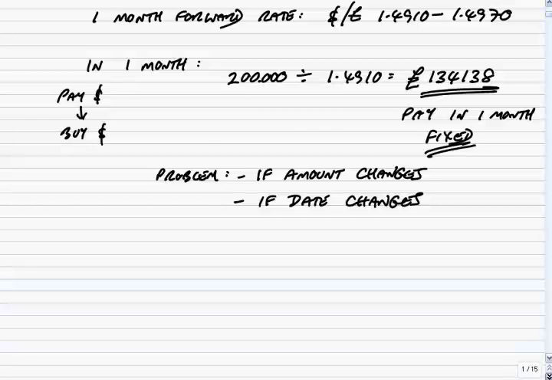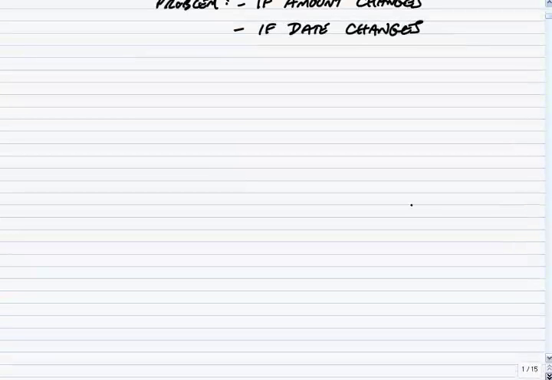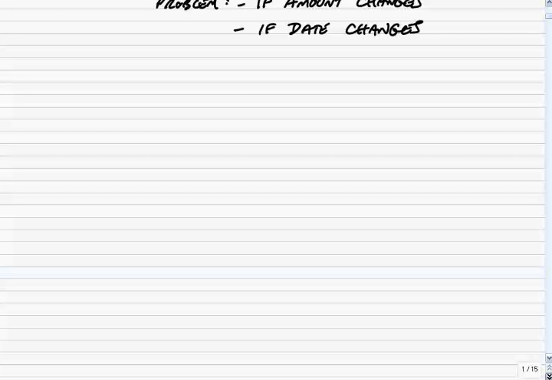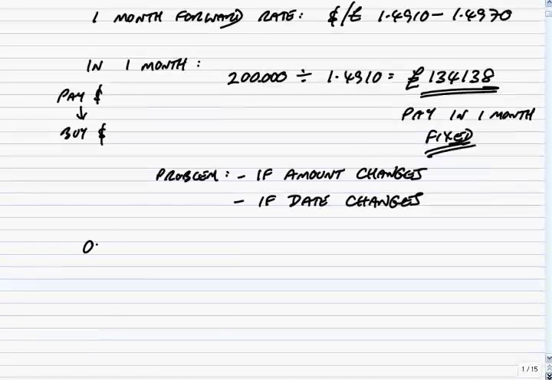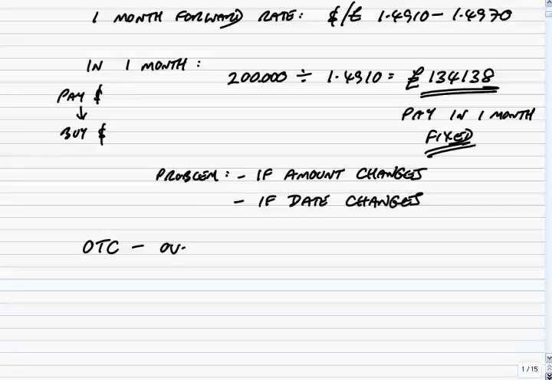Just one other thing, though, which hasn't happened in the exam recently, but certainly has a few times in the past, is a way they quote forward rates in the newspapers. You see, the one I just gave you is what we call OTC, or over the counter. Over the counter is where it's what you might call a private deal with the bank.